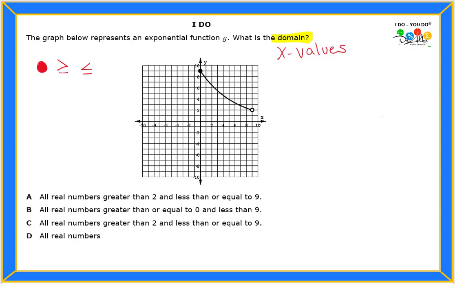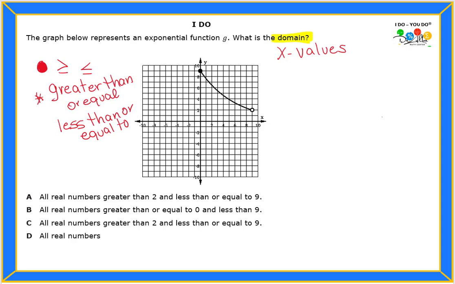And those symbols mean what? Greater than or equal to. Is that right? And it can also be less than or equal to. So in both cases, notice how we are using the words equal to at the end.